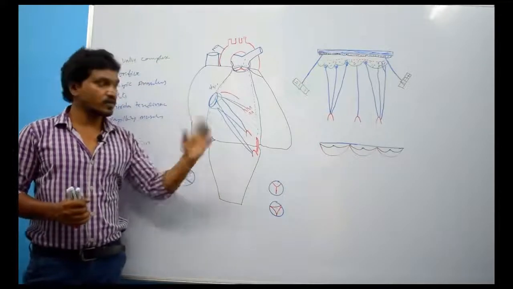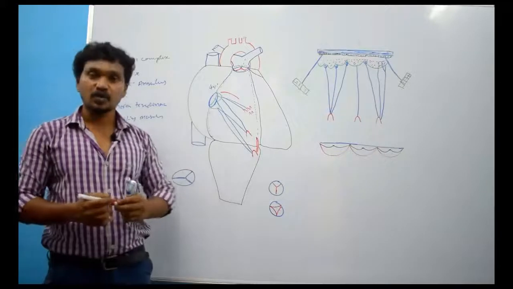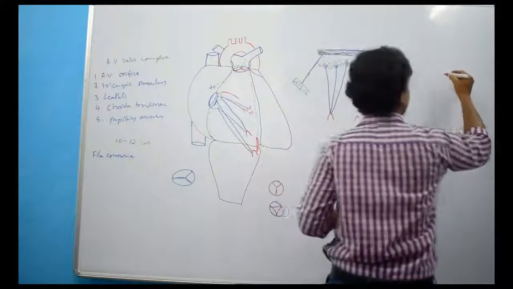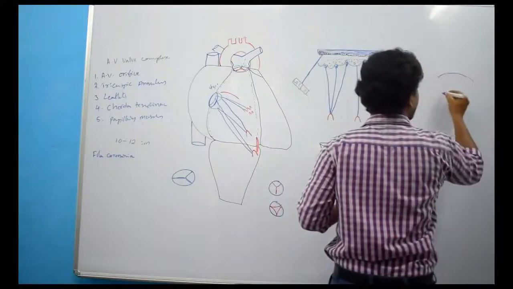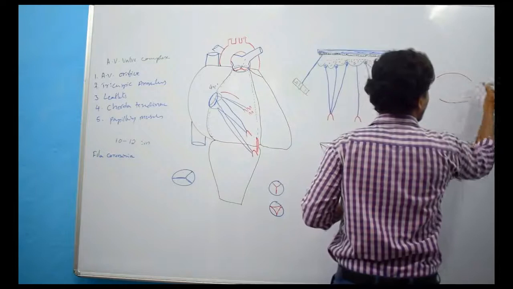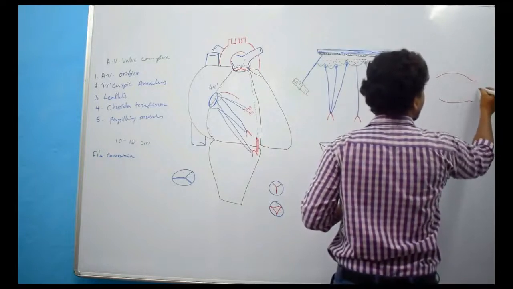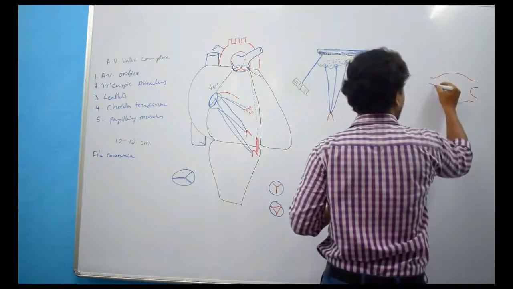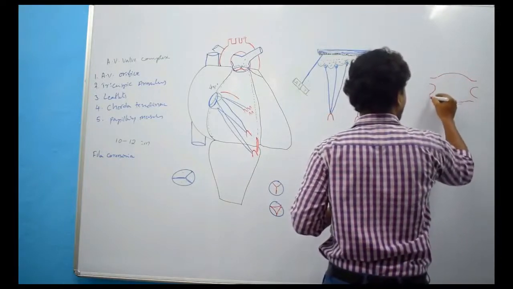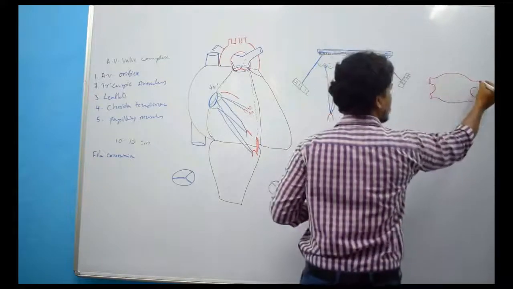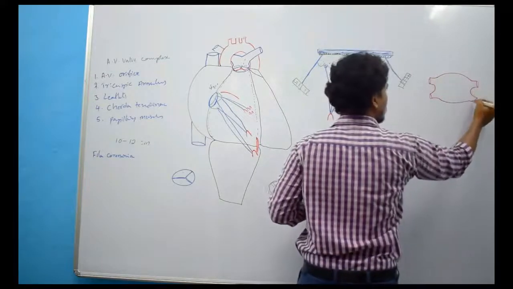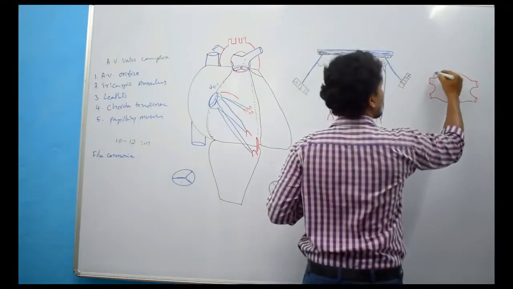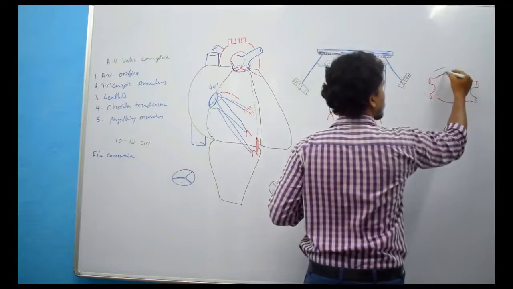That is very easy. We will complete it within 10 minutes. For that, we need to take a diagram of the posterior view of the heart. This is which atrium? Left atrium with openings of 4 pulmonary veins. Right side 2, left side 2. And here you can observe the pulmonary arteries. That means the bifurcation of the pulmonary trunk.